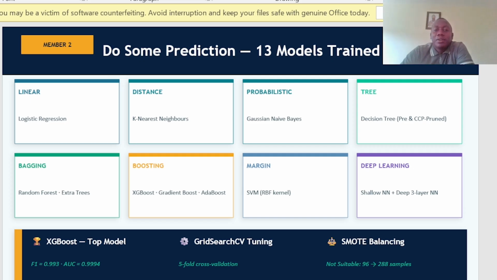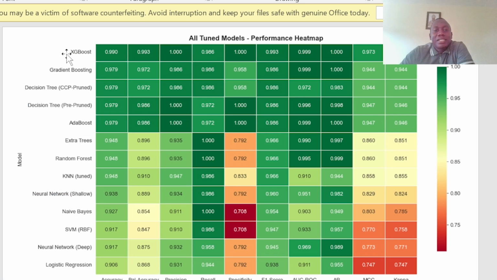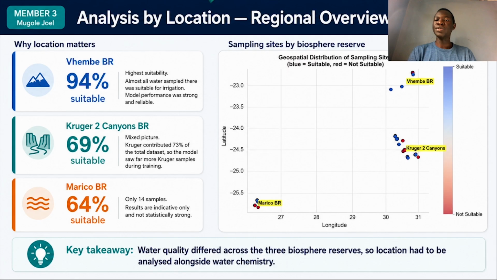Our top performer was the XGBoost, achieving an F1 of 0.993 and an area under curve of 0.9994, the highest of all the 13 models. As you can see in this next slide, XGBoost was the highest across all of the models that we had used.